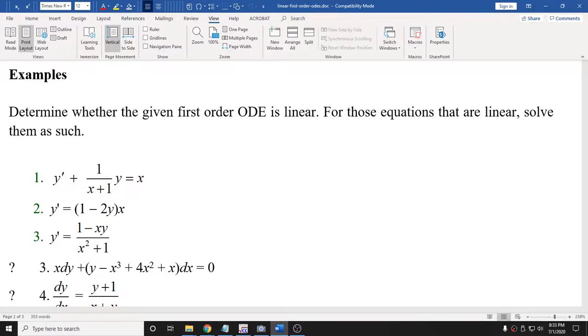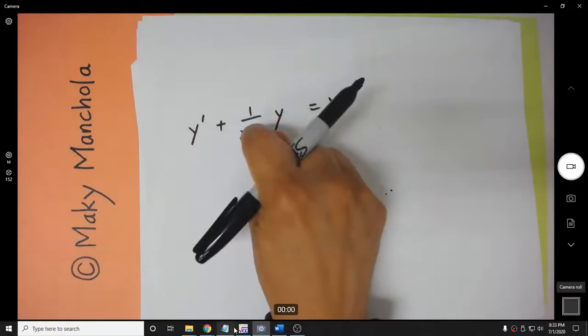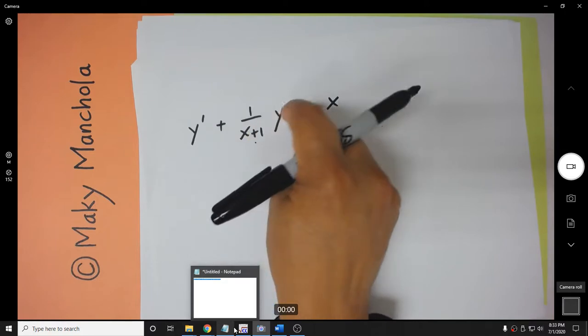For those that are linear, solve them as such. Okay, so here we go. In number one, y' + (1/(x+1)) y = x.